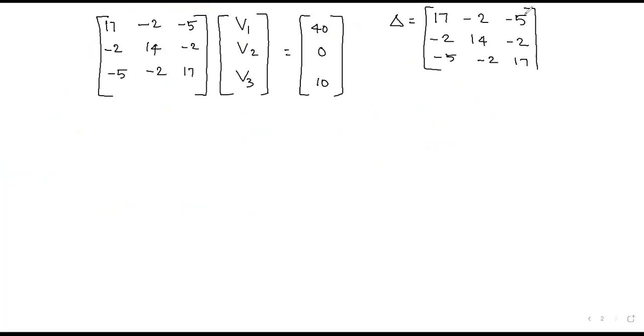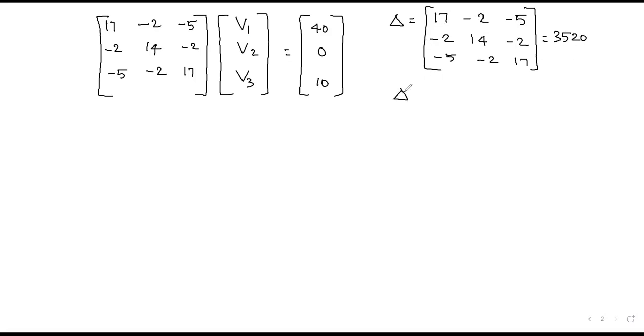To calculate the determinant, please kindly use the calculator so that you may not make any careless mistakes. The determinant value you will get is 3520. Just ensure the answer.